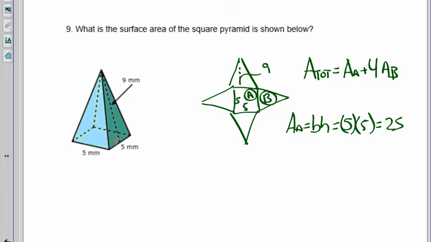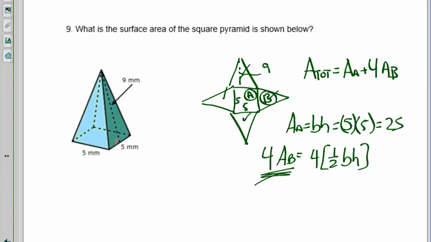There's the area of shape A, that square in the middle. And I'm going to do 4 area B's all at once. I need 4 of them. 1, 2, 3, 4. That way that 4 and that half will work together to make my calculations a little easier. So I get 4 over 1 times 1 over 2. My base is 5 and my height is 9. These cancel out.